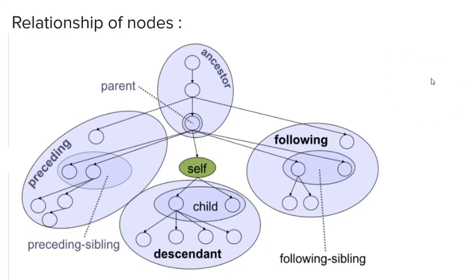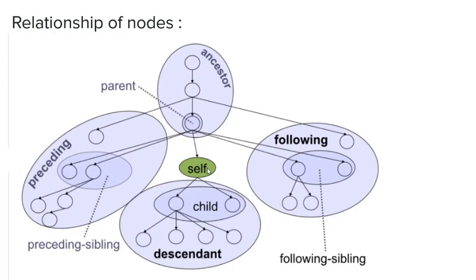For example, if self is the context node, then the immediate child will be there. The self node will have one parent node. Children and children of children come under descendant, whereas the parent of the parent, that is the grandparent, and so on, come under ancestor.